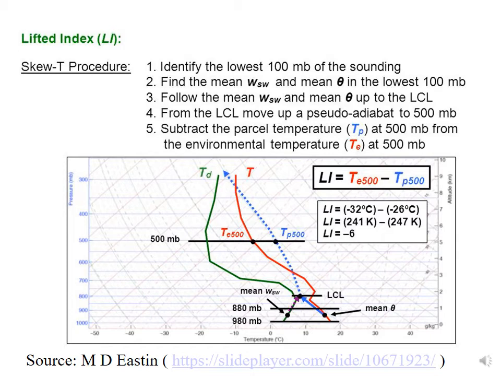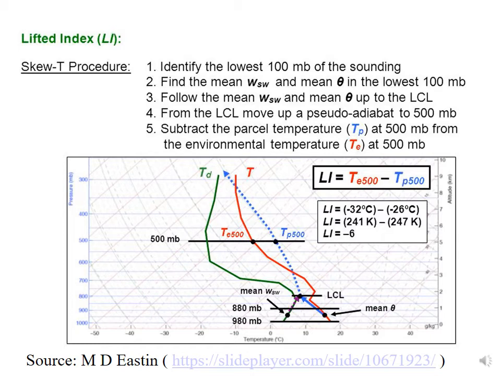Once we've identified those mean conditions, we essentially lift that air parcel to determine the lifting condensation level. And then from there, we'll take the moist adiabat up to the 50 kilopascal layer and compare it to the environmental temperature at that level.